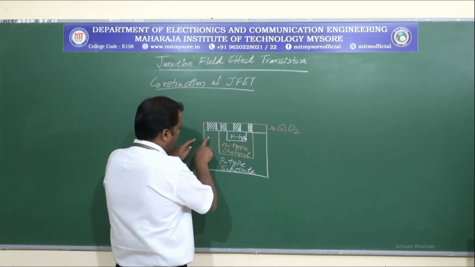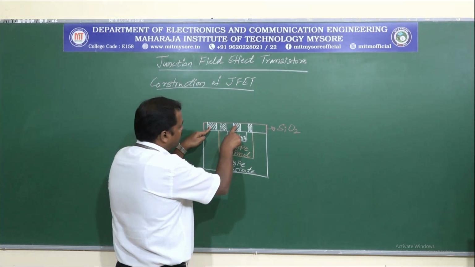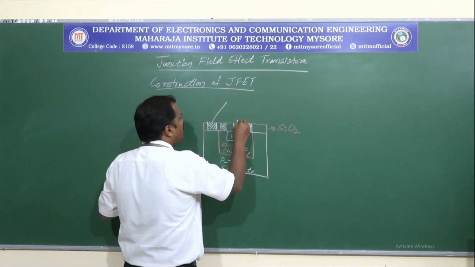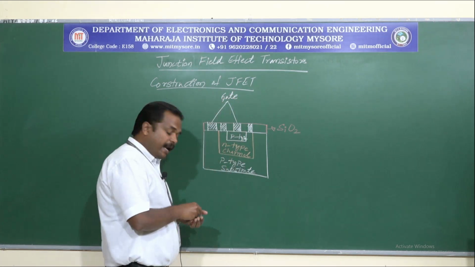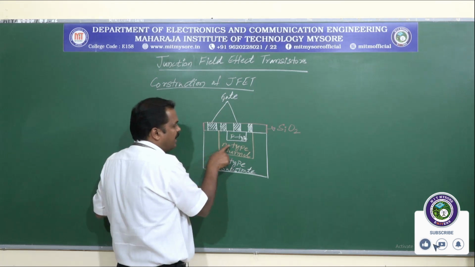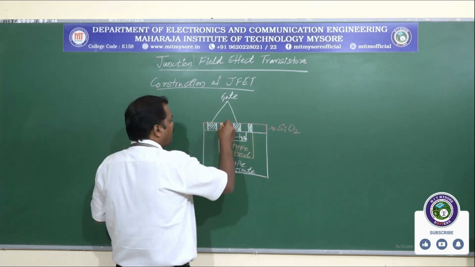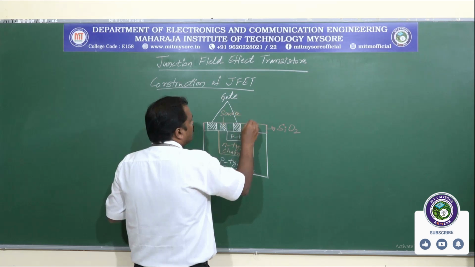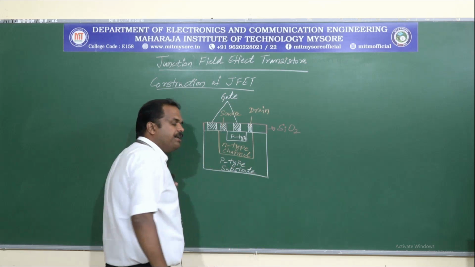Here we can see this metal is connected to this P-type material and this is connected to this P-type material. So these two will be working as gate terminals, whereas this which is connected to one end of the N-type channel will be working as source, and the metal layer connected to the other end will be working as the drain terminal.